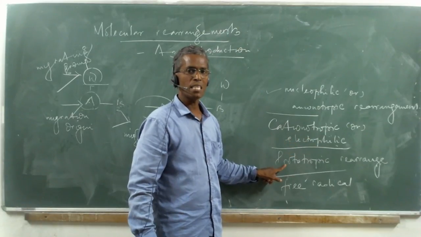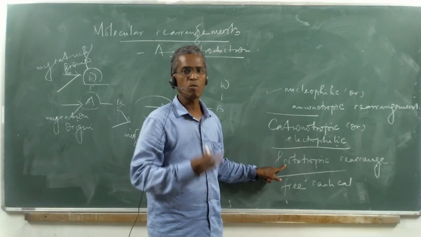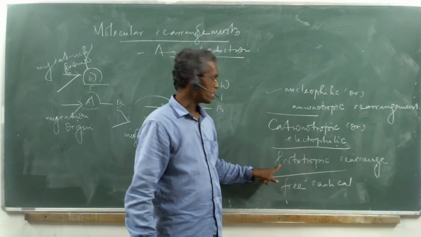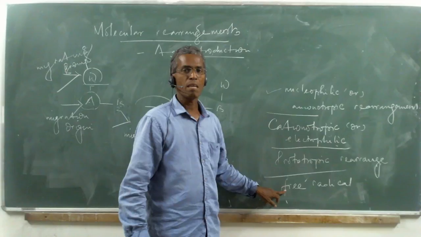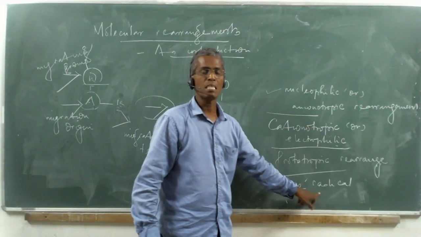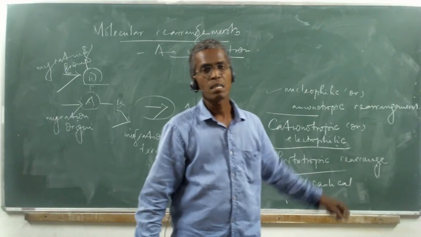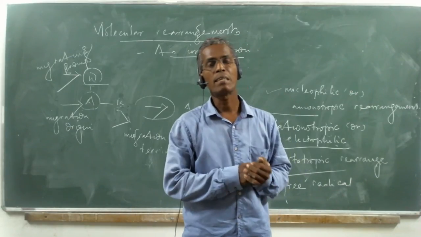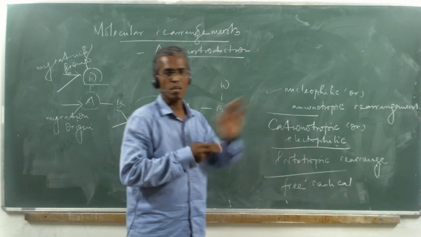If the migrating group is purely a proton, then that will be called prototropic rearrangement. Finally, we have a free radical rearrangement if the migrating group moves from one position to another with just one electron.